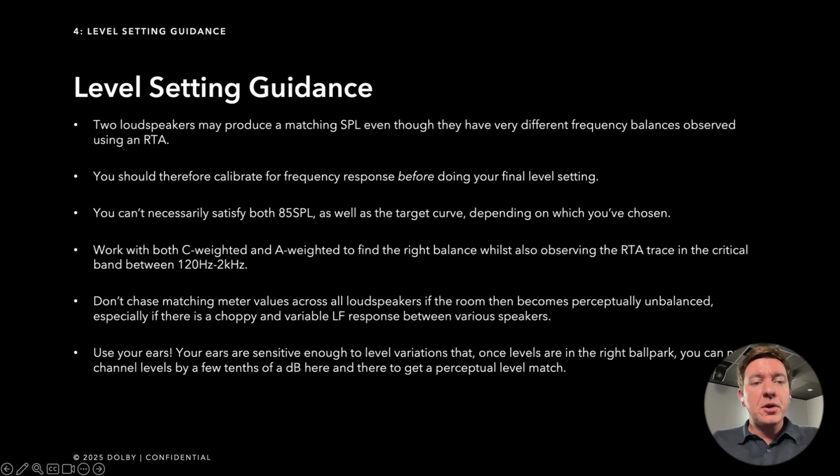So you want to work with both C-weighted and A-weighted values to try and find the right balance, while observing what the RTA trace is doing. And if you're setting up multiple presets, then you want to be observing that region between 120 and 2K. Keep that as your reference. And to some degree, you can disregard what the actual numerical SPL value is.